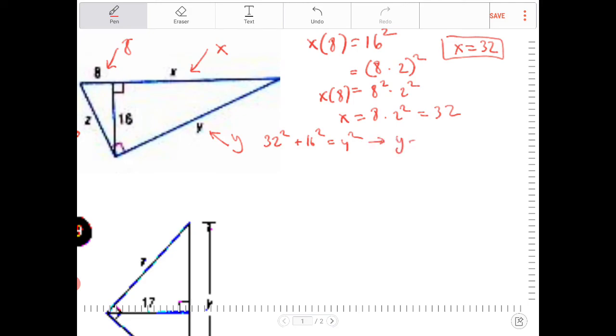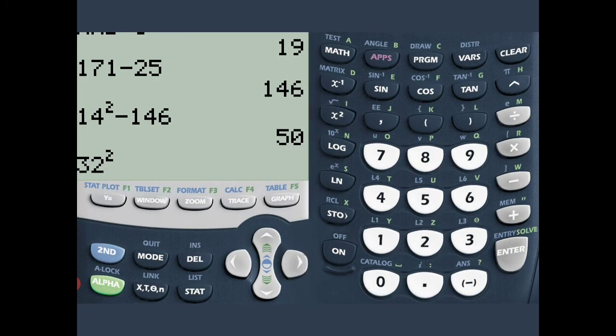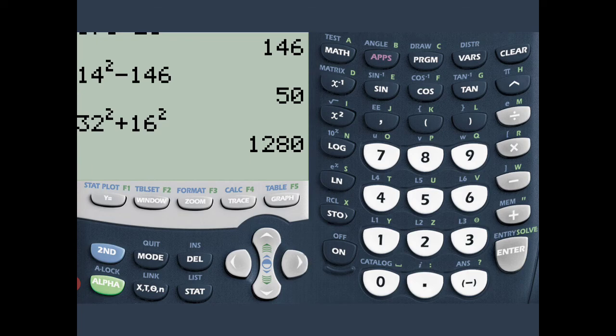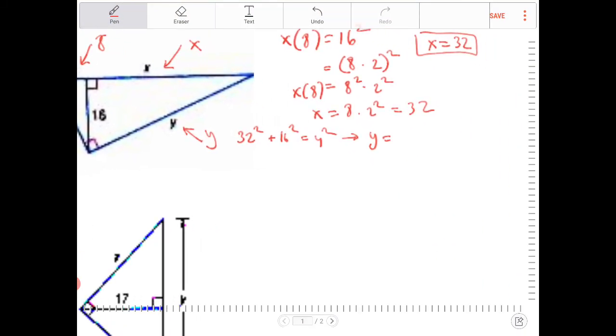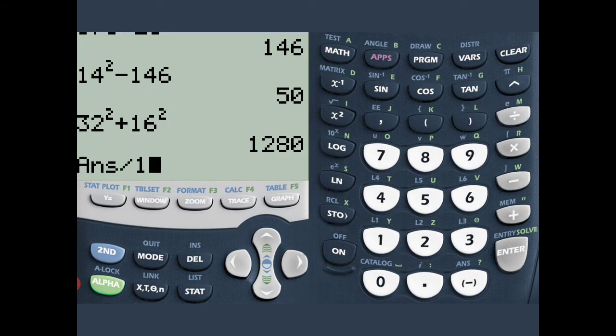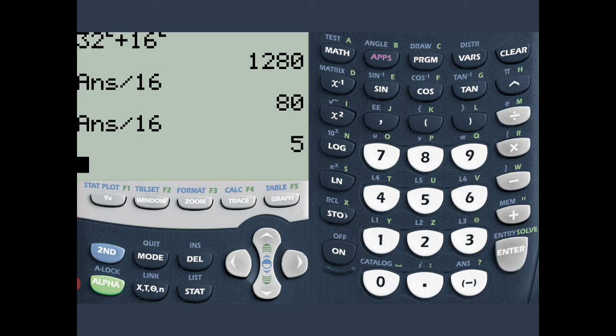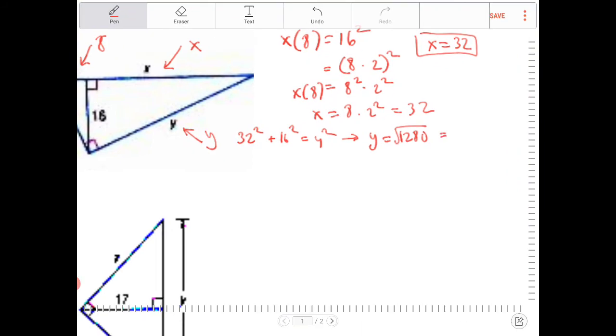So y will equal the square root of 32 squared plus 16 squared, which is 1280. And this is actually divisible by 16, I believe. Let me see here. Right, that is also divisible by 16. So this turns into 16 radical 5.